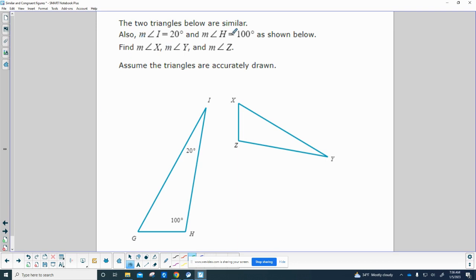If two triangles below are similar, the measure of angle I is 20, the measure of angle H is 100.